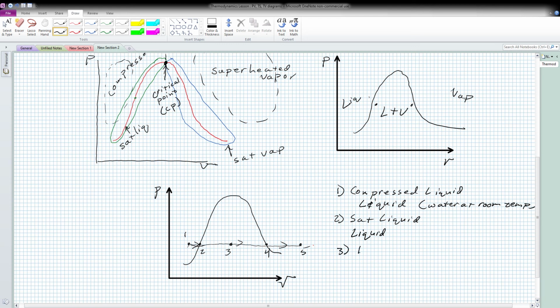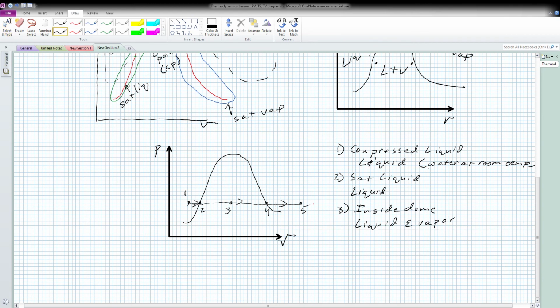Point 3, you are inside the dome. Your phases, liquid and vapor, exist at the same time. And this is when you're bubbling and it's really starting to bubble, like you see bubbles coming up from the bottom all the time. This is usually when you start putting whatever you're trying to cook in this water. Number 4.